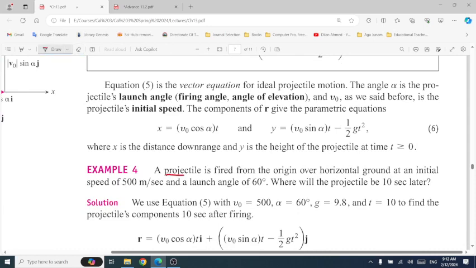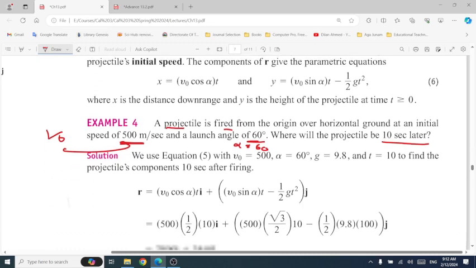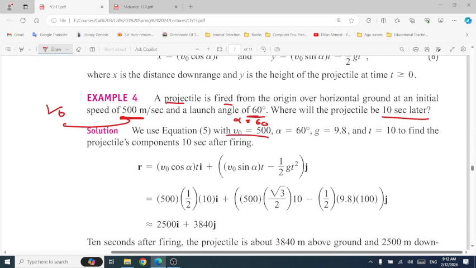To get more examples, read this one. A projectile fired from the origin over horizontal ground at the initial speed, that one, with the angle 60. Where will the projectile be after 10 seconds? You can see from the solution: V naught, alpha, gravity, t.